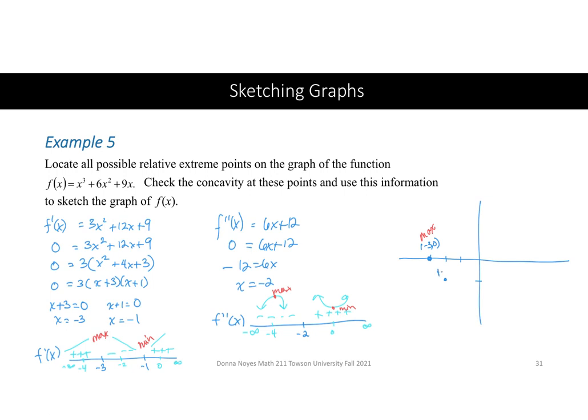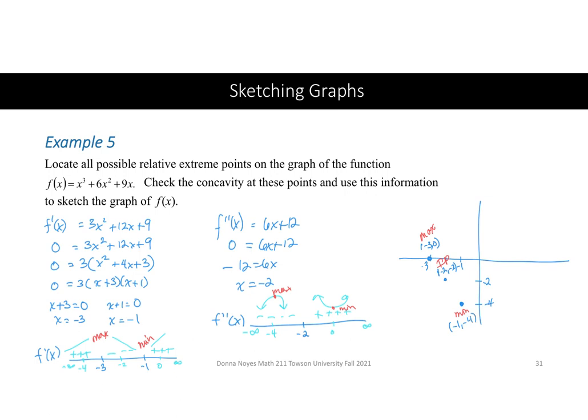Right? Negative 2, negative 2. That's going to be our inflection point. And we also have negative 1. Right? Negative 1, negative 4 is going to be our min. Oops, sorry, I didn't label that negative 1, negative 4.